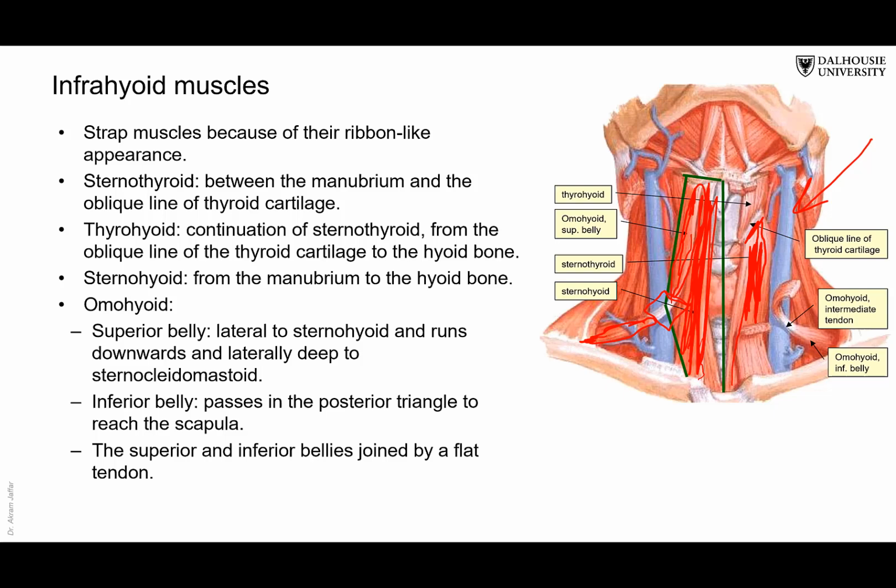And then from that point starts another muscle, which is called the thyrohyoid, between the thyroid and the hyoid bone. So again, there is a beginning at the sternum and an end at the hyoid bone, but this is served by two muscles, not only one, and they are located deep to the sternohyoid.